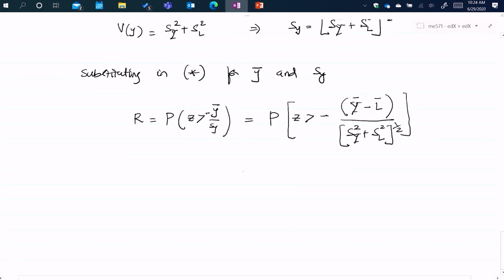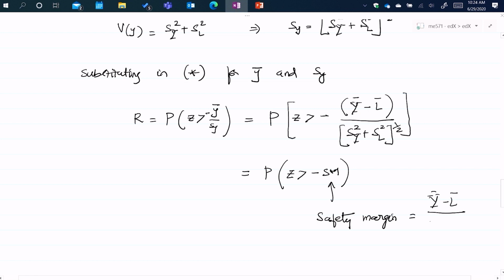And that is nothing but, by definition, the probability that z is greater than negative of the safety margin. And that's defined as Y bar minus L bar divided by s sub Y squared plus s sub L squared raised to the power 1/2.